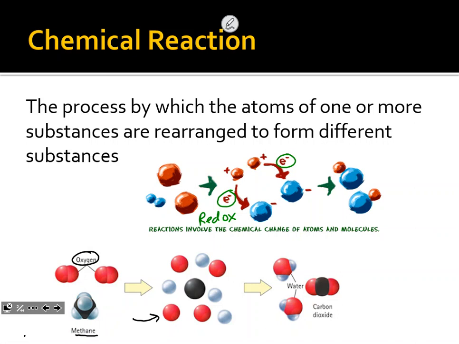So the reactants' bonds have to break, and they separate, and then over here, new bonds form to form the products on the right-hand side. In this instance, the methane and the oxygen break apart, their bonds break, and then the rearrangement comes around, and we end up getting water and carbon dioxide as our products.